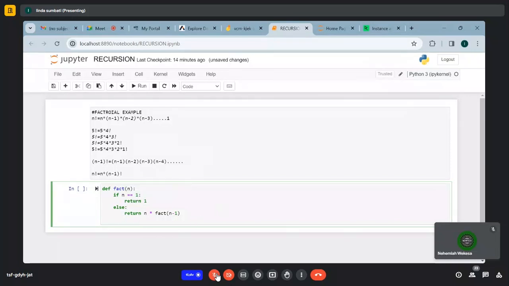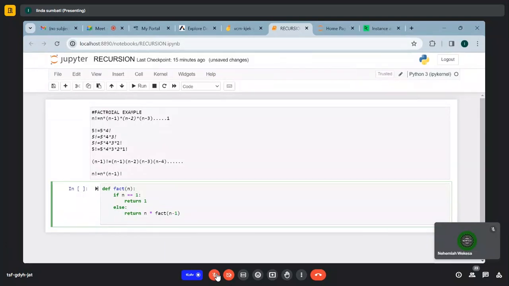Anybody who is confused? Because any time you get, let's say, n is not equals to 1, the function will calculate the factorial by multiplying the n times the factorial of n minus 1.